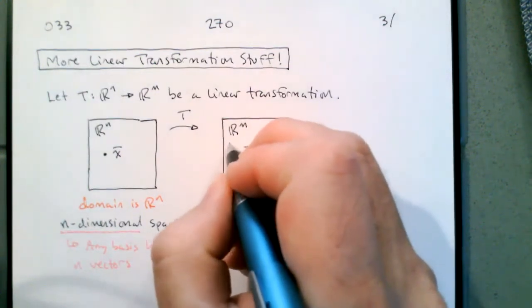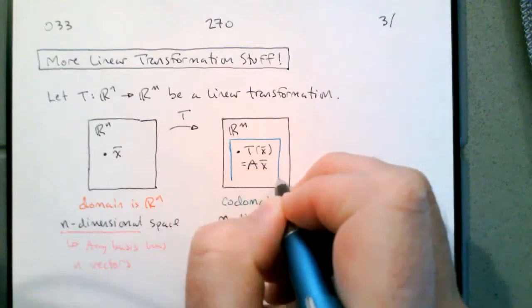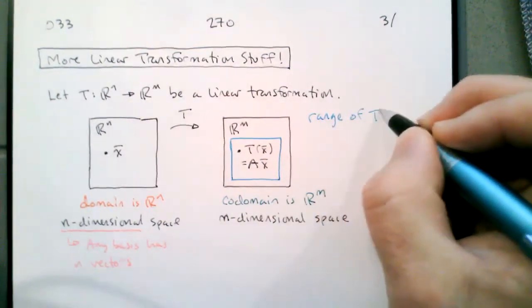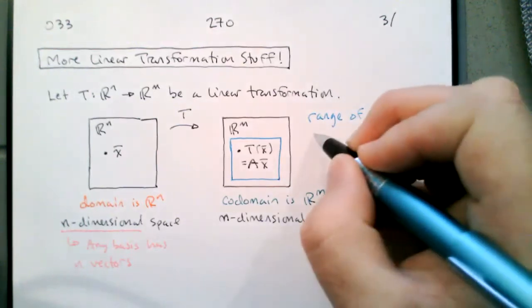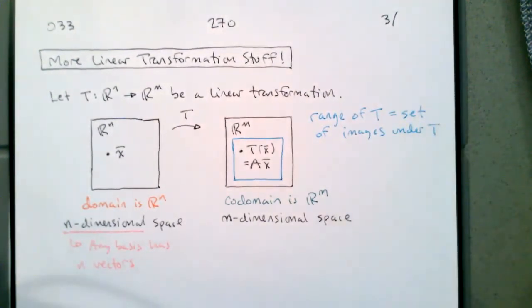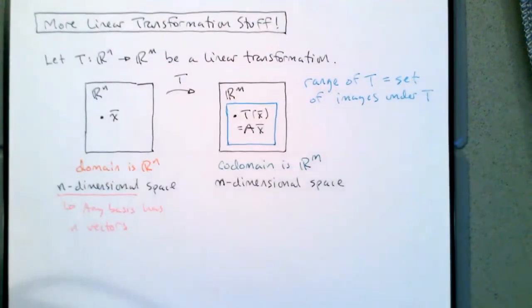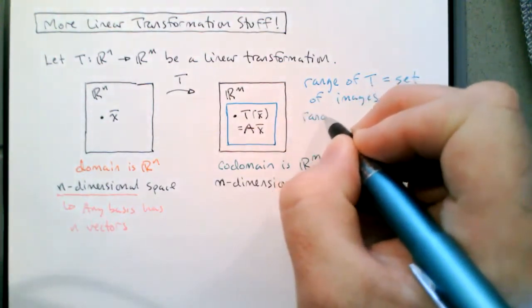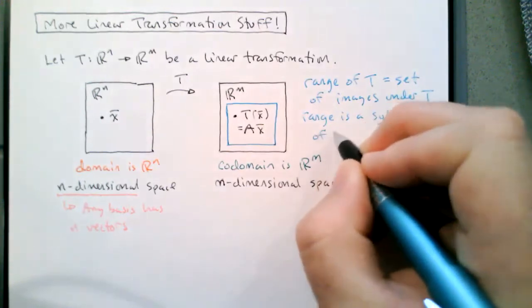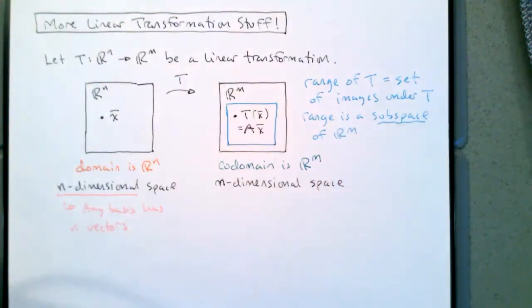So the range of T is the set of images under the transformation T. The range is a subspace of Rm.